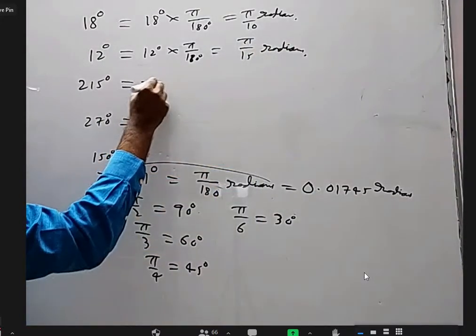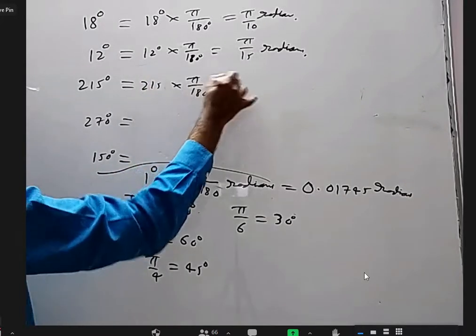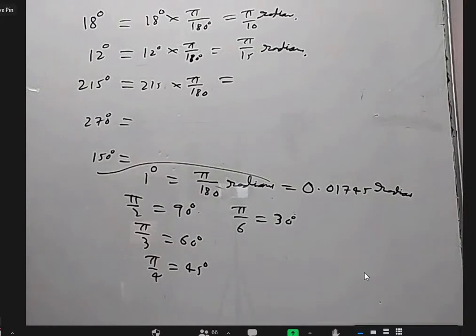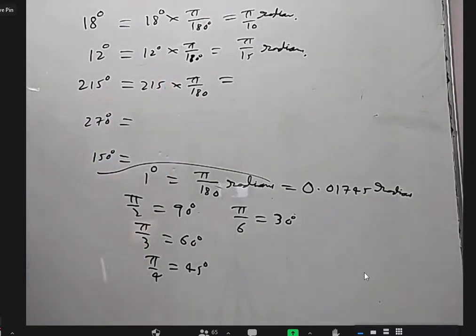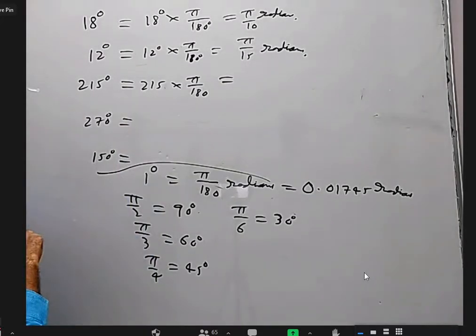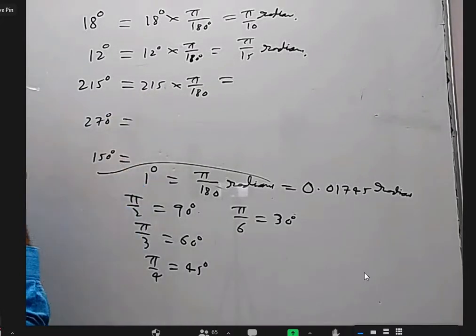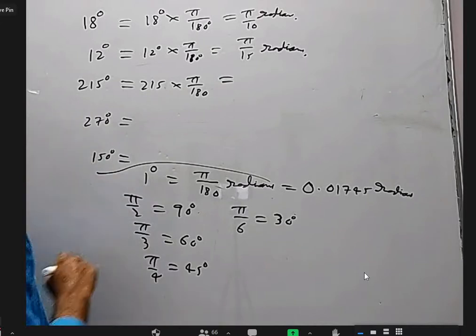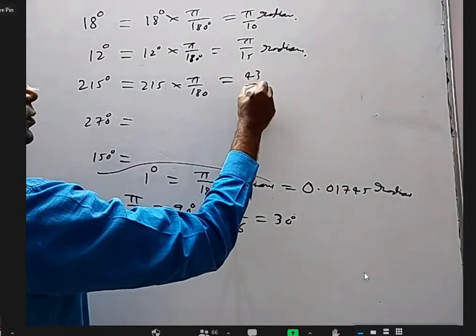If you want to convert 215 degrees, multiply with pi by 180. With what can I cancel? 5. 43 into 5, so this is 43 by 36.